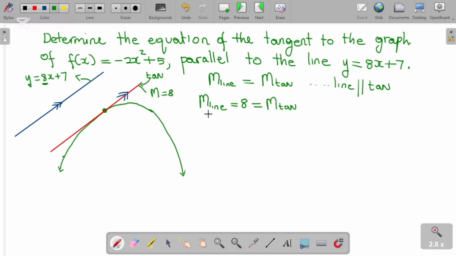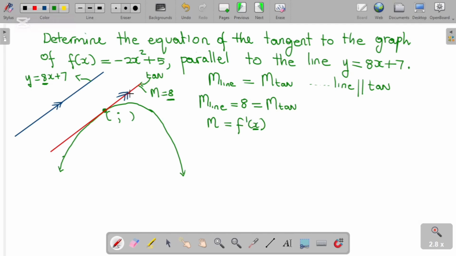Now, to determine the equation of this tangent, we need the coordinates of the point of contact. In the previous video, we discussed how to find the point of contact. Since we have the gradient now, the gradient equals the first derivative, so that we get the x value at the point of contact.